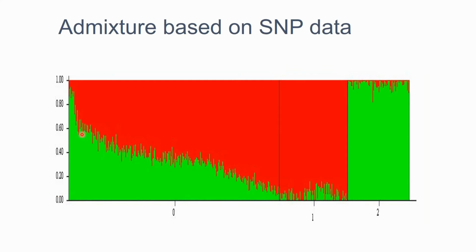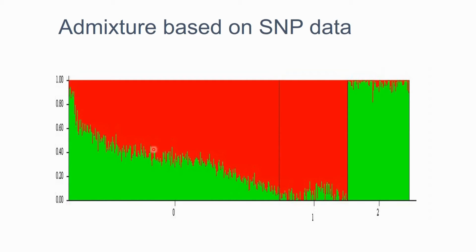What you see is generally the same decreasing trend in admixture proportions, but you could also see considerable variation between the admixture proportions in the individuals.